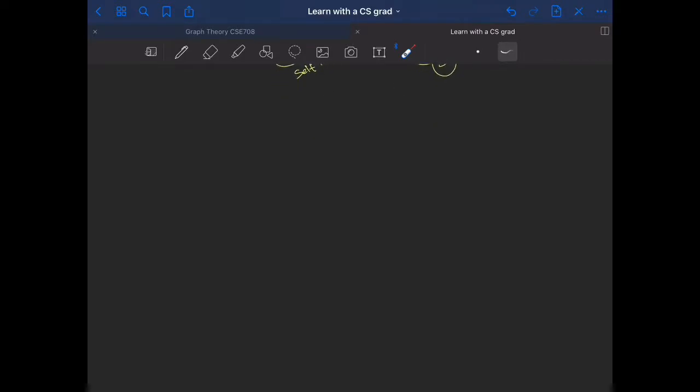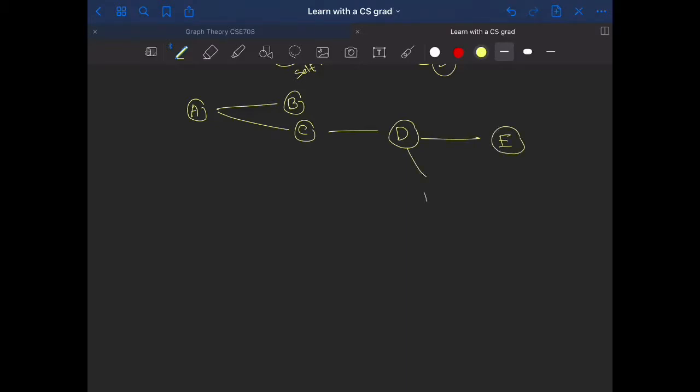The next topic is neighbors. Say A is connected to B and C, and C is connected to D, and D is connected to E and F. Here B and C are the neighbors of A, D is the neighbor of C, and E and F are the neighbors of D. The ones that you're directly connected to are your neighbors.